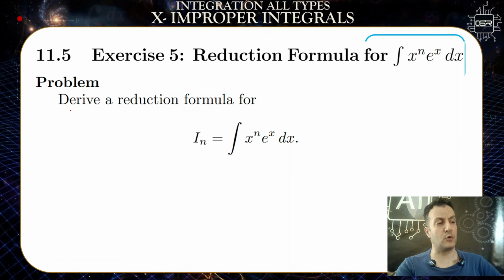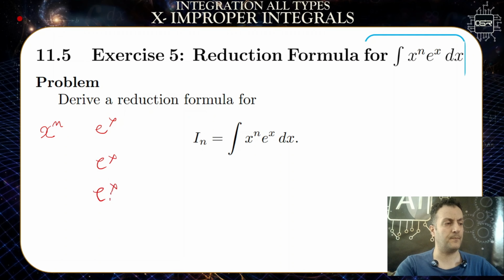Derive a reduction formula for I_n equal integral x to the power of n e to the x dx. Okay, so let's use the tabular method. We differentiate the first component and integrate the second. Now the second would always remain e to the x, by the way.